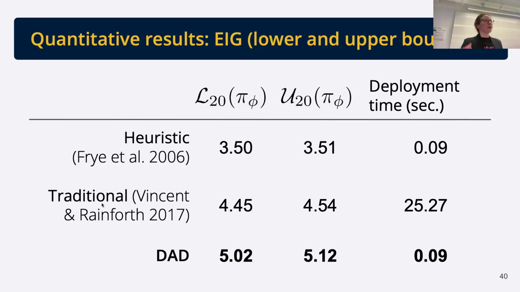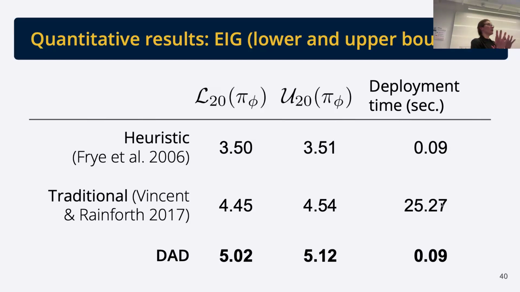We're implementing the traditional slow adaptive experimental design approach that we described, where after each experiment iteration, we're doing a specifically tailored Monte Carlo approximation based on population Monte Carlo. And that achieves much better performance in terms of expected information gain, but it is considerably slower to run.